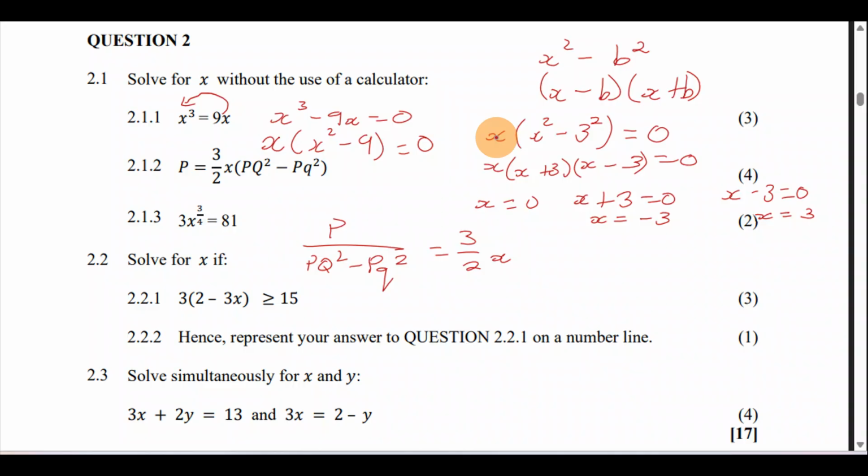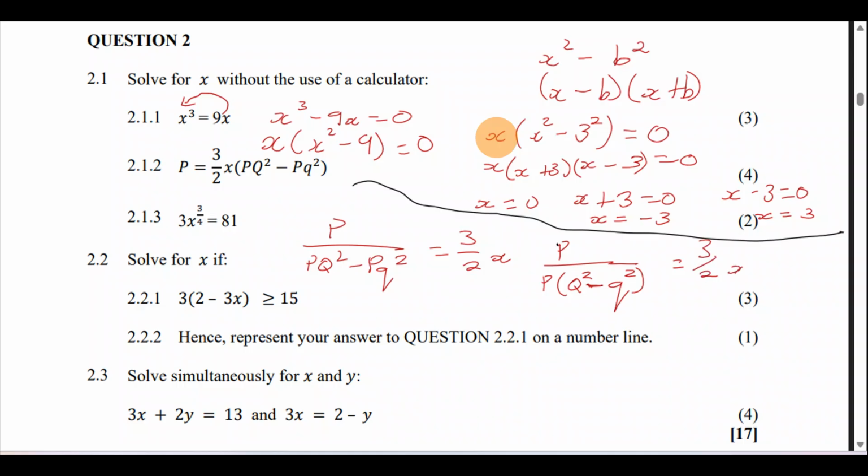When we take it out, we now have p over p into q squared minus q squared is equal to 3 over 2x.